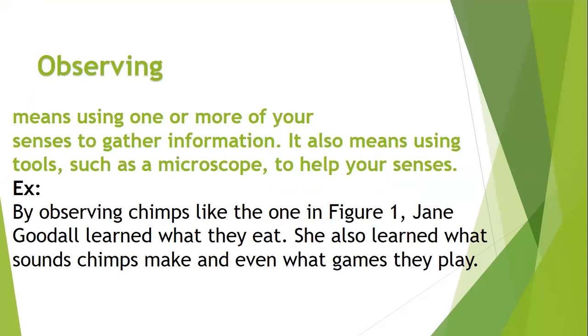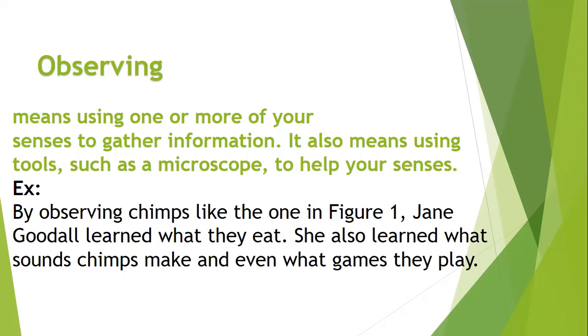Observing means using one or more of your senses to gather information, like using sight, or using touch to know if something is hot or cold, or using a microscope to see microorganisms, like bacteria or viruses, that you cannot see otherwise. So either using senses or using tools will help you make observations.